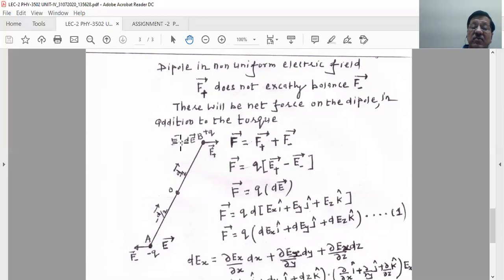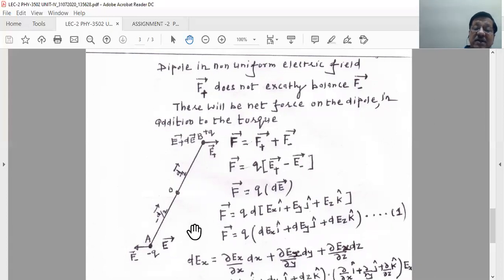Once you understand this, and if you see these forces, I write down the force expression. The net force is because of the force acting on the positive charge and the force acting on the negative charge. So I write down F equal to Q into bracket E plus minus E minus.